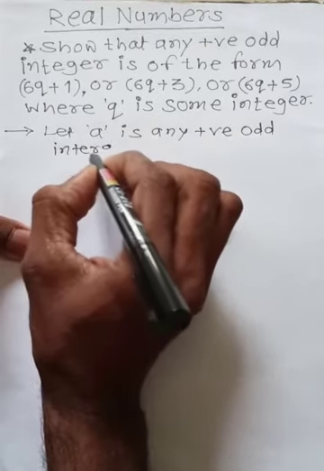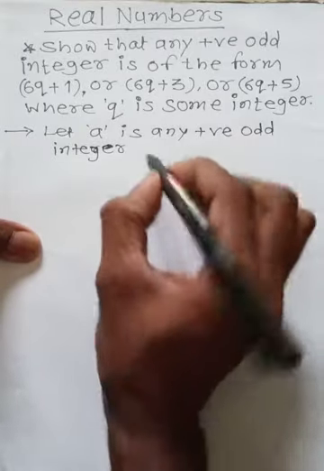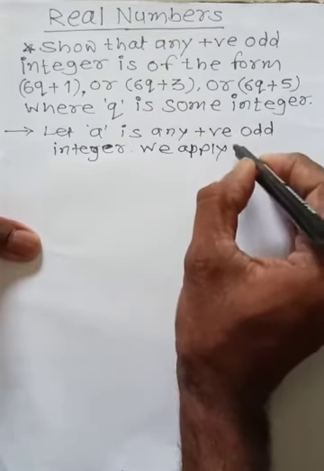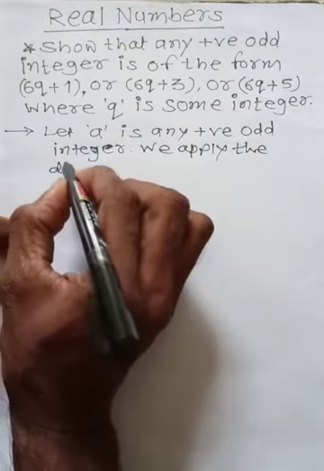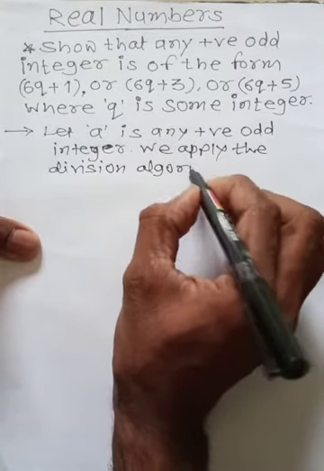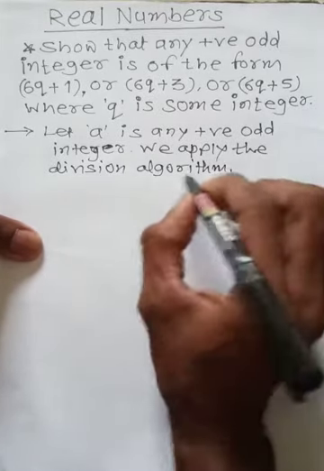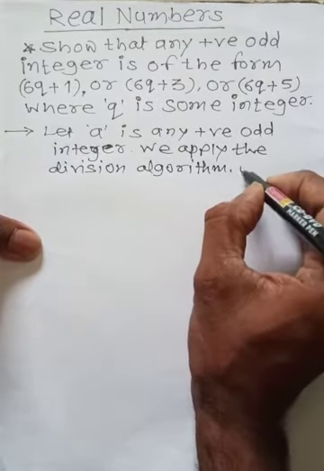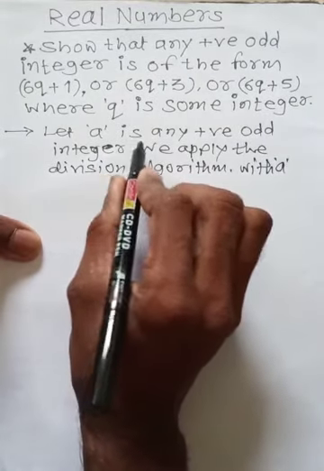We start with this positive odd integer, and for that we apply the division algorithm, with a, meaning this positive odd integer a.